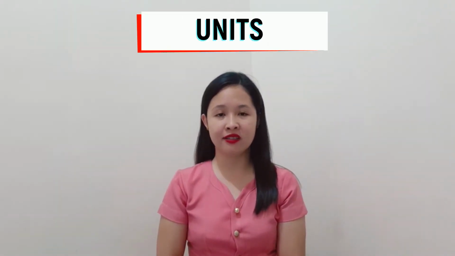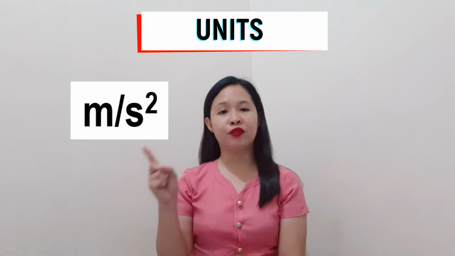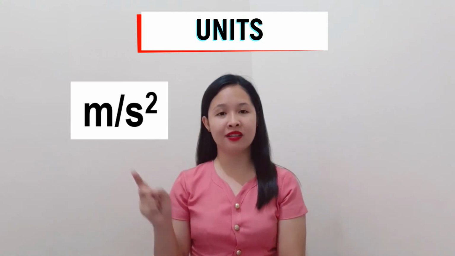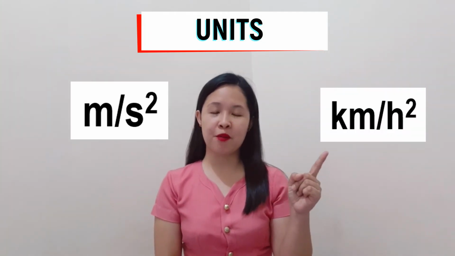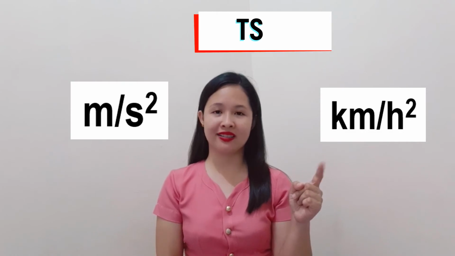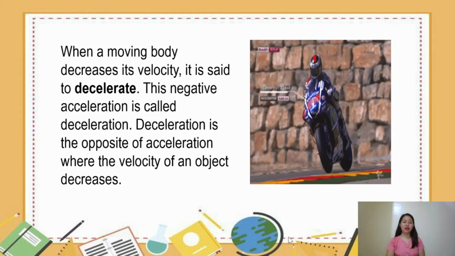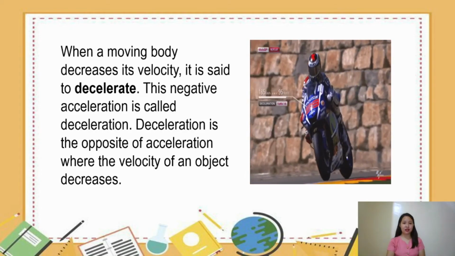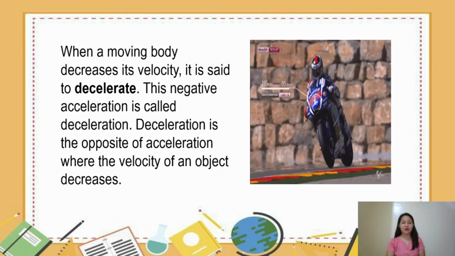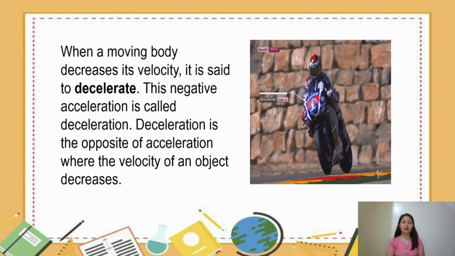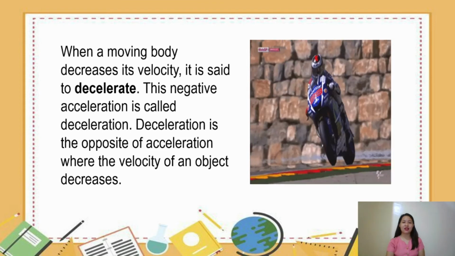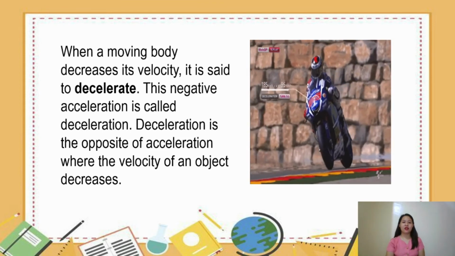The common units of acceleration are meters per second squared and kilometers per hour squared. When a moving body decreases its velocity, it is said to decelerate. This negative acceleration is called deceleration.